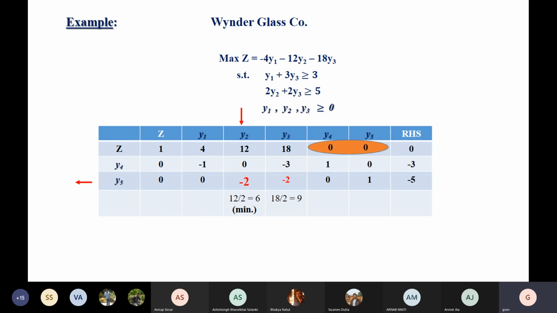So not a BFS. Now, for an infeasible basic solution, what would be the nature of its complementary dual solution? It will be feasible, but it may not be optimal. Of course, it will not be optimal because the primal solution is infeasible.